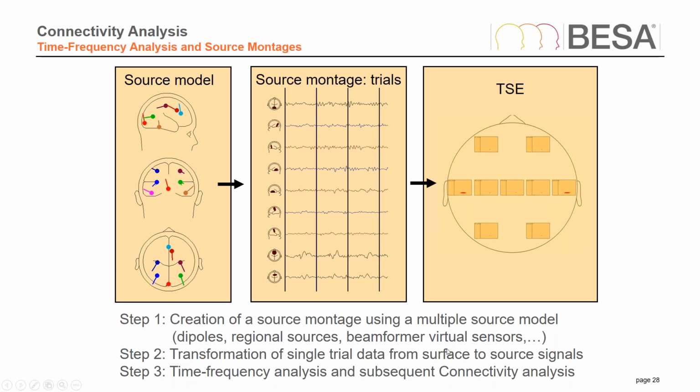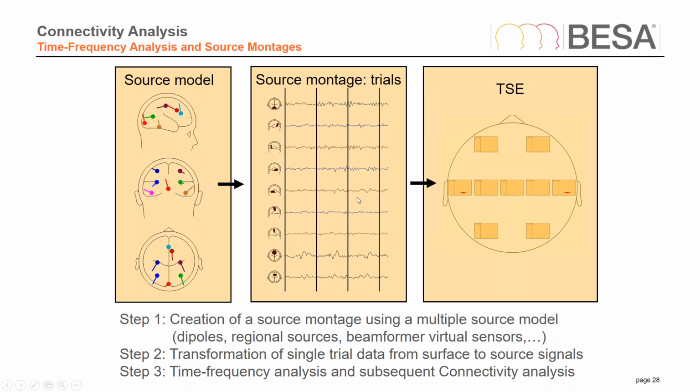Or it can also have beamformer virtual sensors. And this source montage can be applied as a spatial filter to the original raw data. If you look at the individual trials, then you can actually see how much current in each individual trial originates from a certain brain region.